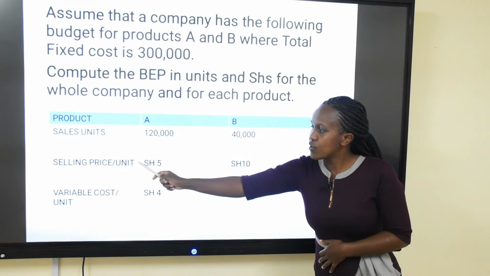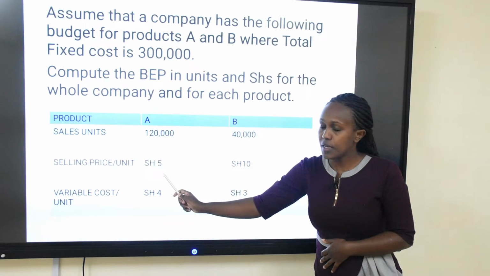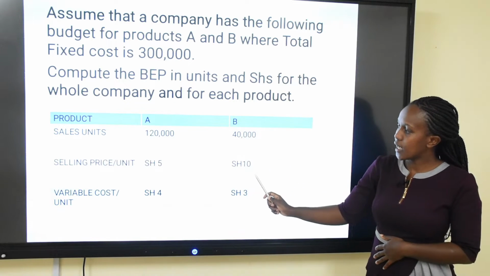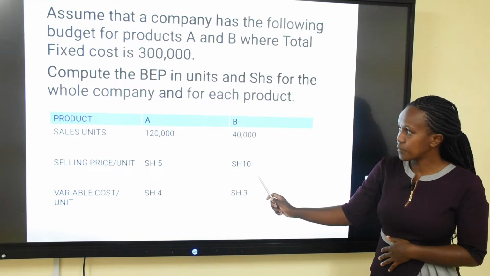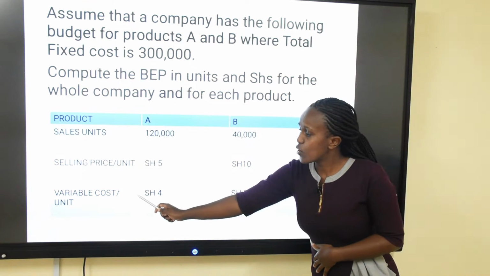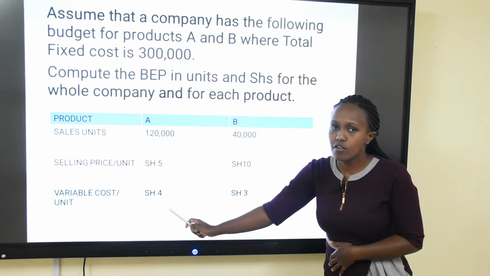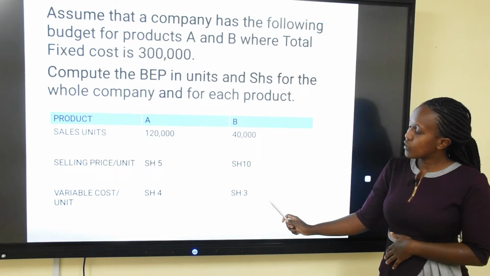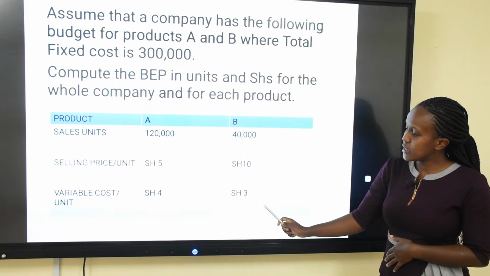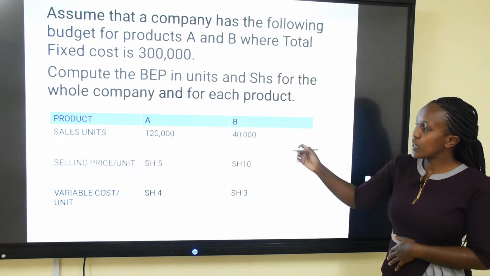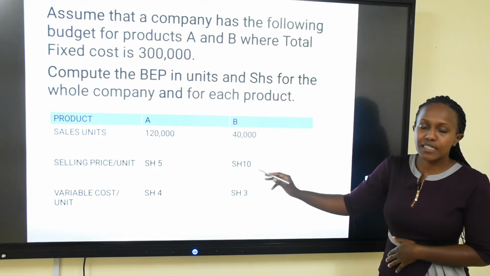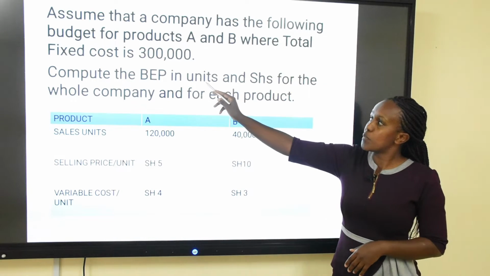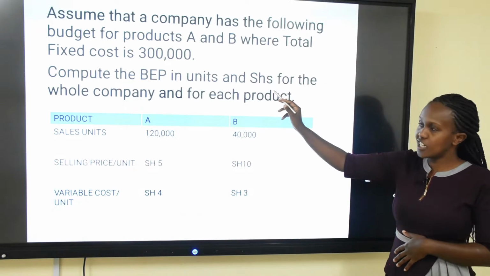The selling price per unit is shillings 5 for A and shillings 10 for B. Variable cost per unit for A is shillings 4, and variable cost per unit for B is shillings 3. And we are expected from this information to advise the company on the break-even point in units and in shillings.